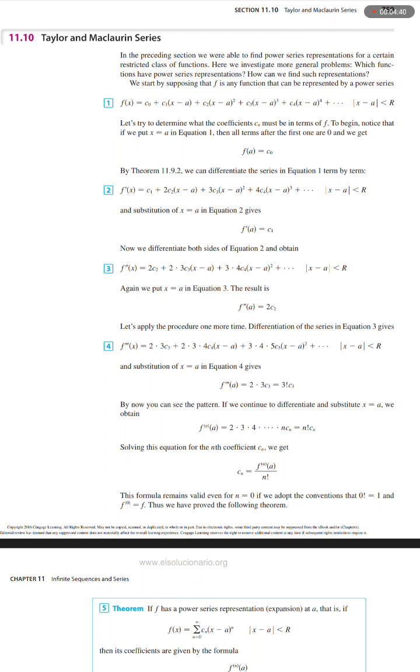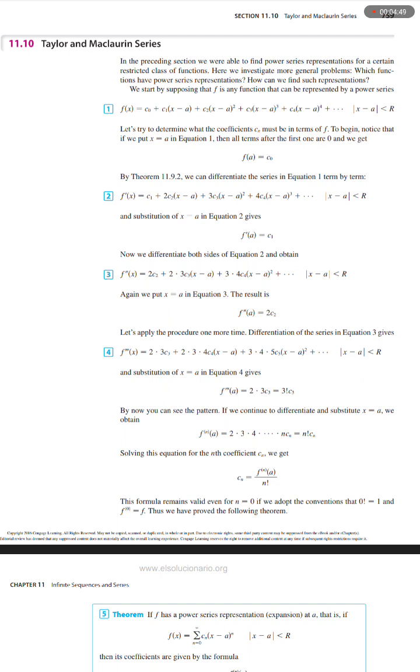Solving this equation for the nth coefficient c_n, we get c_n = f⁽ⁿ⁾(a)/n!. This formula remains valid even for n = 0 if we adopt the conventions that 0! = 1 and f⁽⁰⁾ = f. Thus we have proved the following theorem.